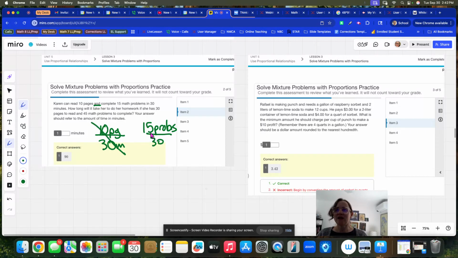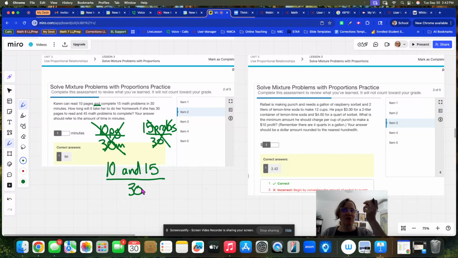What it's talking about here is that she can do the 10 pages and 15 problems all in 30 minutes. Okay, so 30 minutes gets the 10 pages and the 15 problems. Okay, that was my first misconception about this problem.